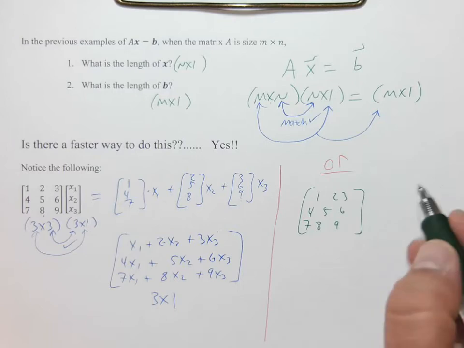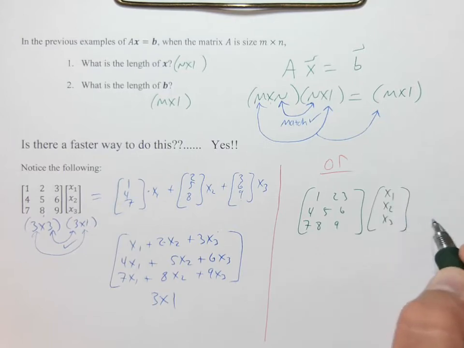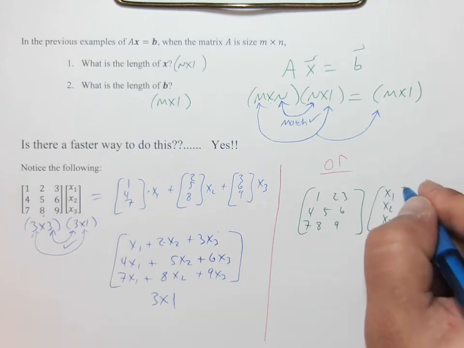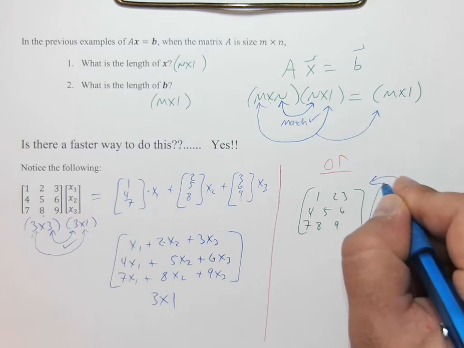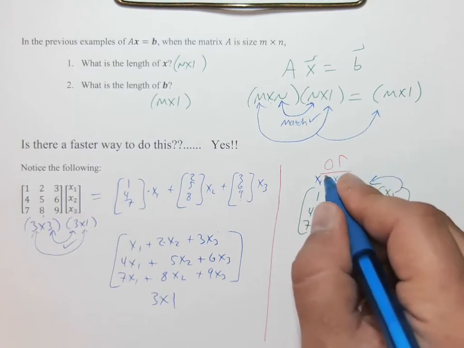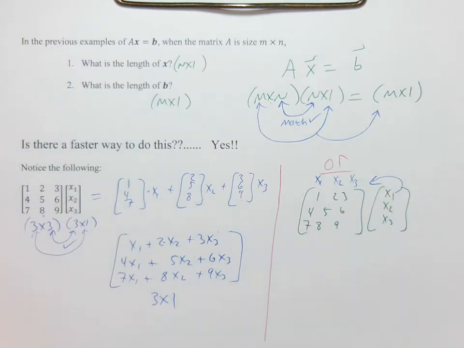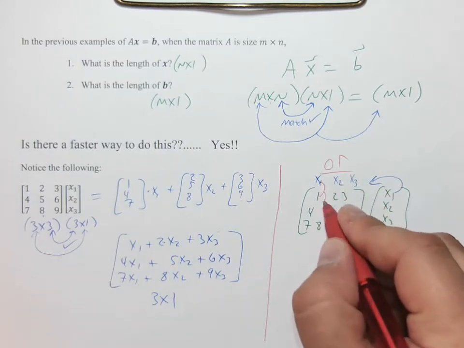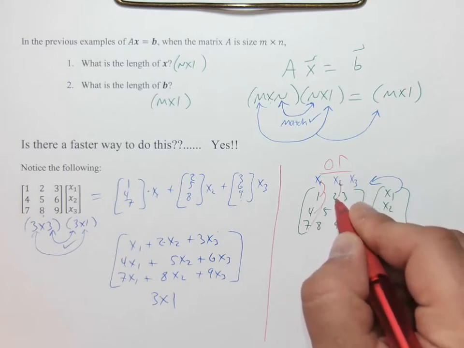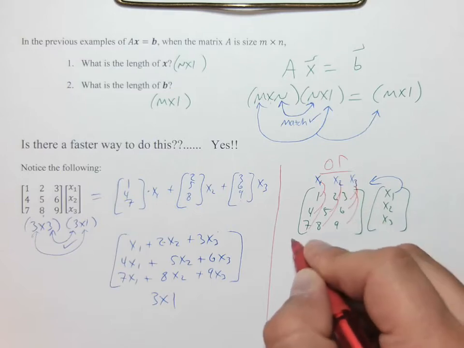and you can almost think about the x1, x2, x3, at least this is the way I do it when I think about multiplying. I take this column vector and put the x1 on the first column, the x2 on the second column, x3 on the third column. And then I think about the x1 multiplying all these numbers, the x2 multiplying all those numbers, the x3 multiplying all those numbers, and then we just add them together.